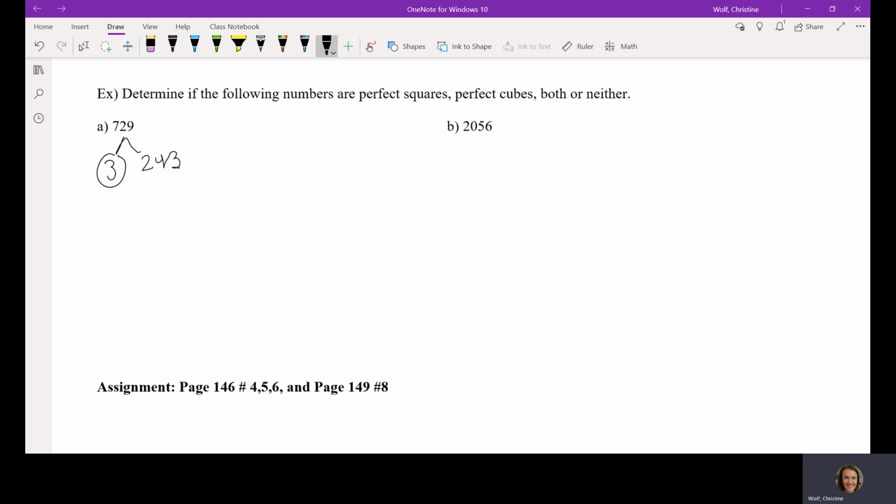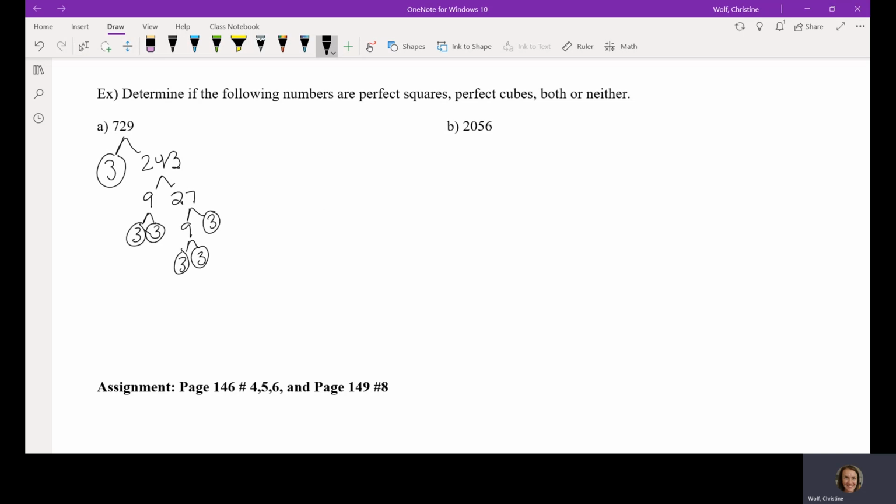I circle that 3. 243, I'm going to divide by 9 and I get 9 and 27. Sorry, 3 by 3. 27 goes 9 by 3. And then 9 goes 3 by 3, circle, circle.